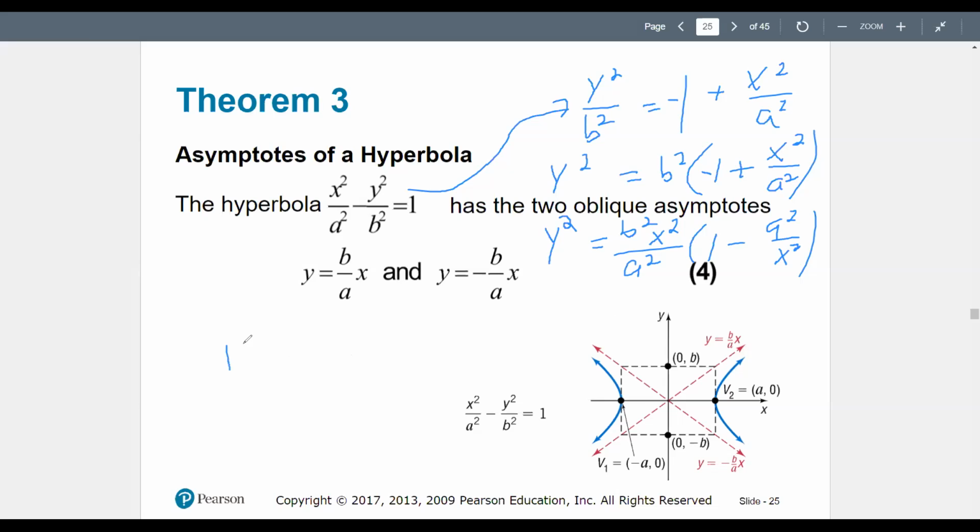So then y is going to equal plus or minus bx over a times the square root of 1 minus a squared over x squared.